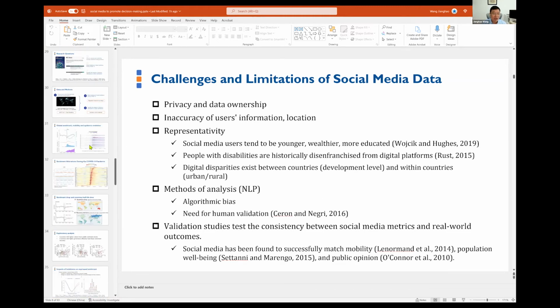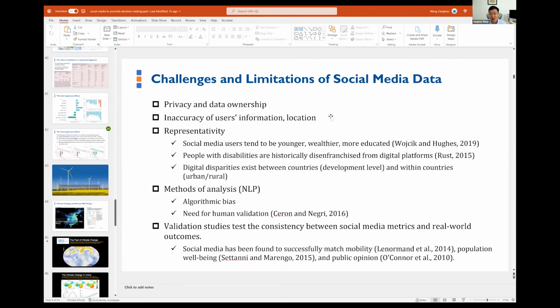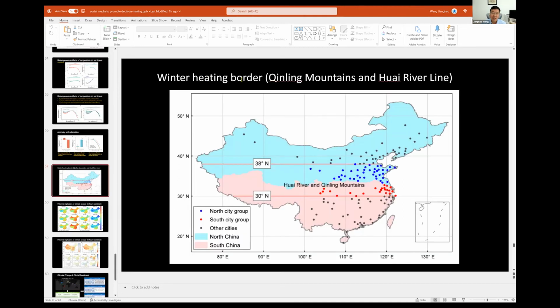For example, here we're using the winter heating borders as a natural experiment, using the geographic location to conduct the causal experiment to study the causal relationship between the phenomena.